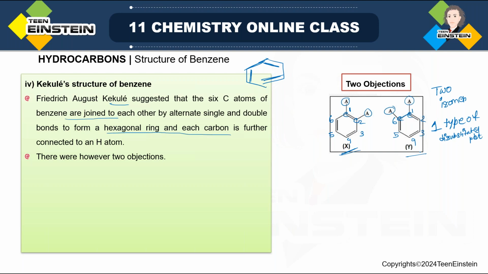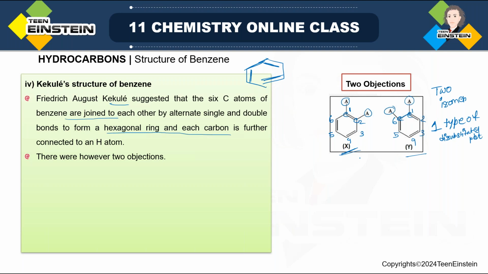So these are the objections we are facing, right? So how to get rid of this, that is, how to explain why it is not happening? So the first objection is that you would get 2 types of isomer, but we are not actually getting that experimentally. We are getting only one type.